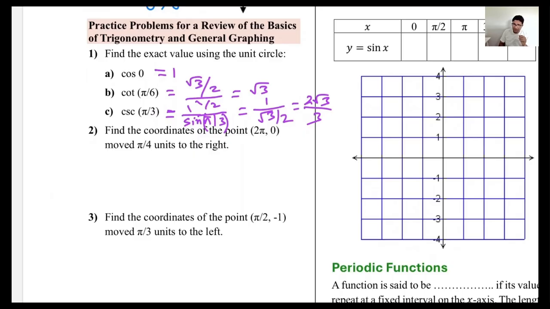Next question is about how the points change their coordinates when you move them in a coordinate system where on the x-axis you have angles like 0, pi over 2, pi, 3 pi over 2, and so on, in multiples of pi or fractions of pi, while on the y-axis you have integers 1, 2, 3, which will be the values of the trigonometric functions.